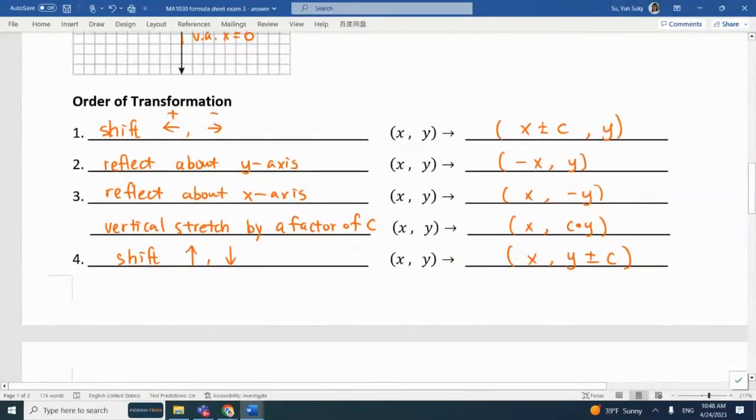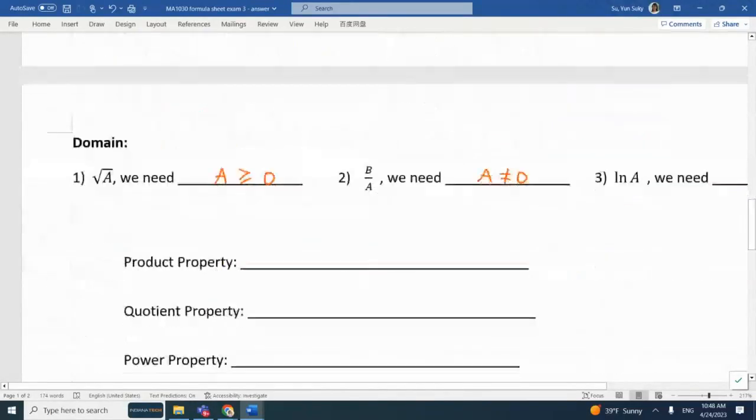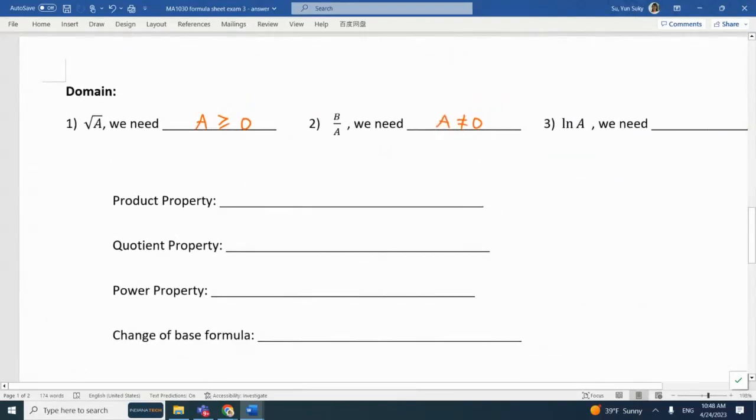Order of transformation is the same as last time. Domain is the same as last time. When you see ln of a, what do you need for a? We need a greater than 0. Very good. It's not only ln, it's true with all logs, so for log base b of a, you need a to be greater than 0.